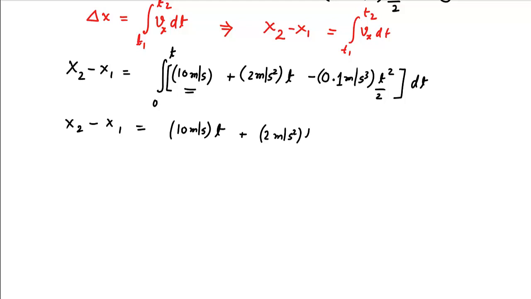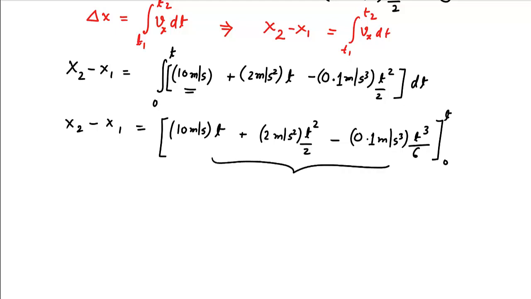So this is t square by 2 minus 0.1, this is 0.1 meter per second cube, and integration of t square is t cube by 3, and we also have 2, so this becomes t cube by 6. And this we have to integrate between limits 0 to t. So you see, if I plug t equals t, I will have the same expression, and when I put t equals 0, I will have 0.